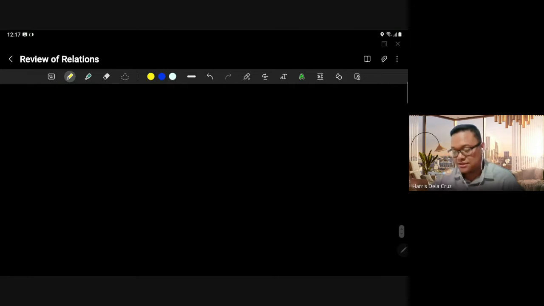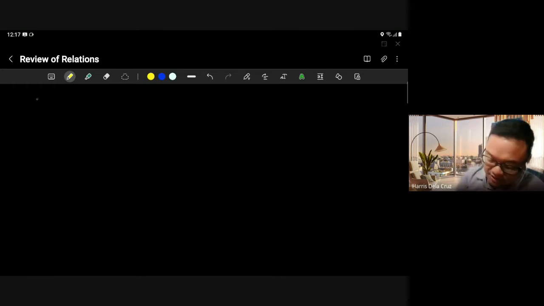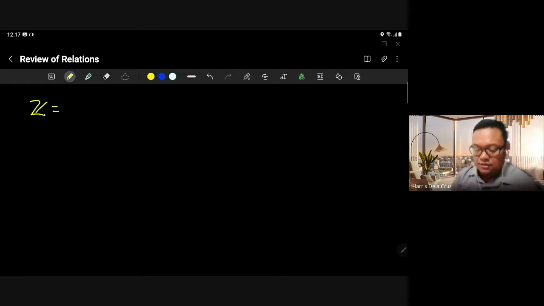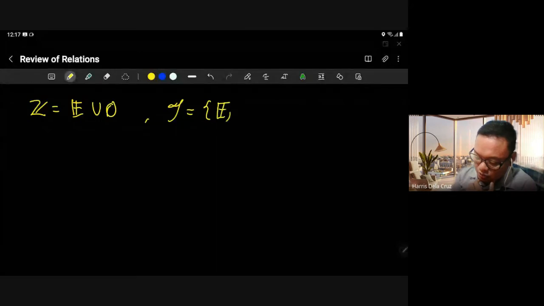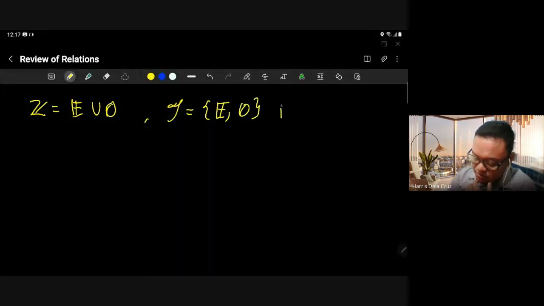Okay, so let's discuss simple examples para mas maintindihan natin yung nangyayari doon sa partition. So, let's say we have Z, the set of integers, to be partitioned by the set of even integers and odd integers. So, we know that T, comprising of E and O, is a partition.